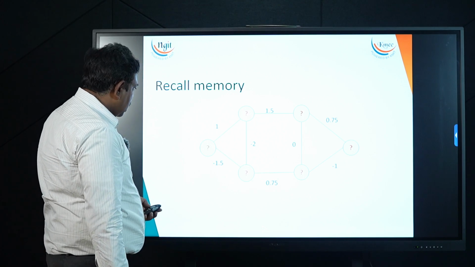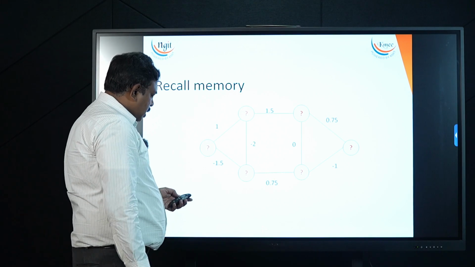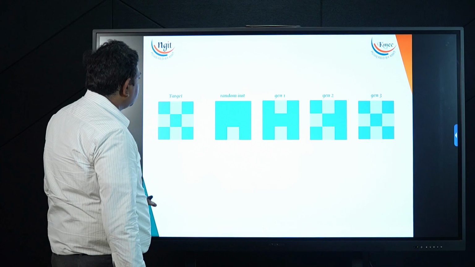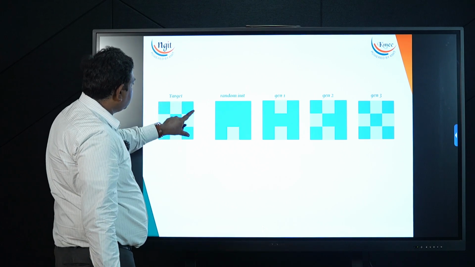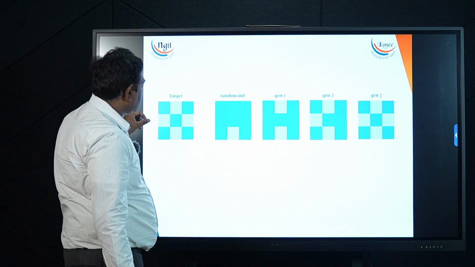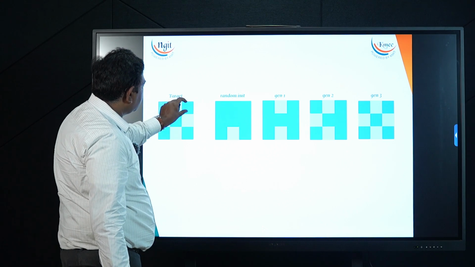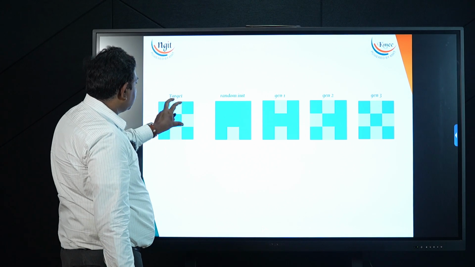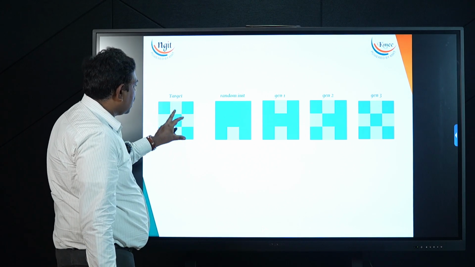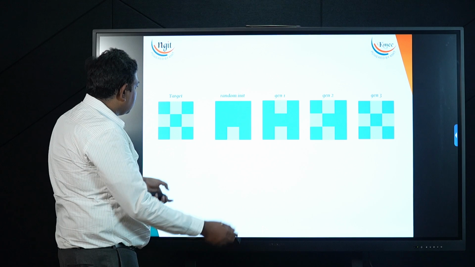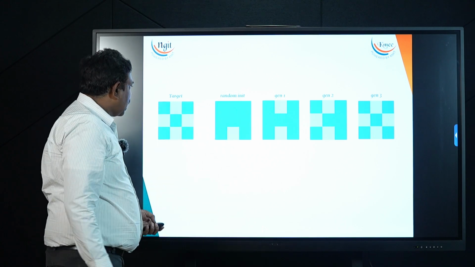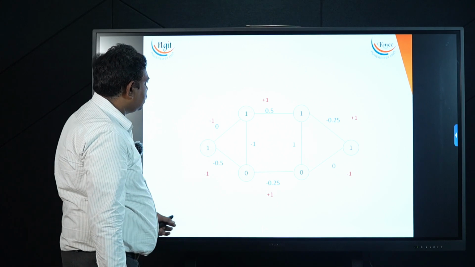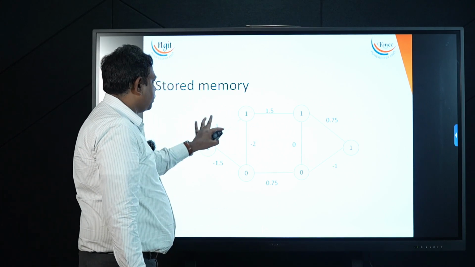Recall means, as in my previous example, suppose first we store this memory: there is an image with 9 boxes, each box is a pattern stored in one neuron. So this entire image is represented by giving weights to the edges, in this final stored format.